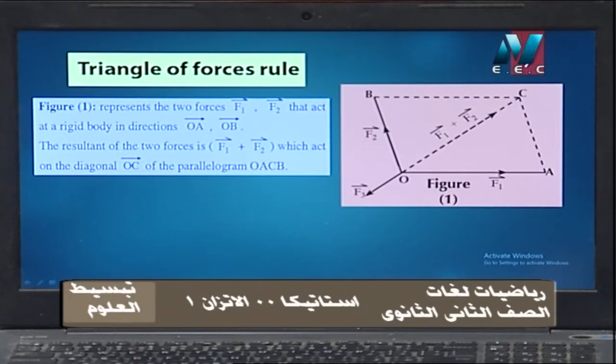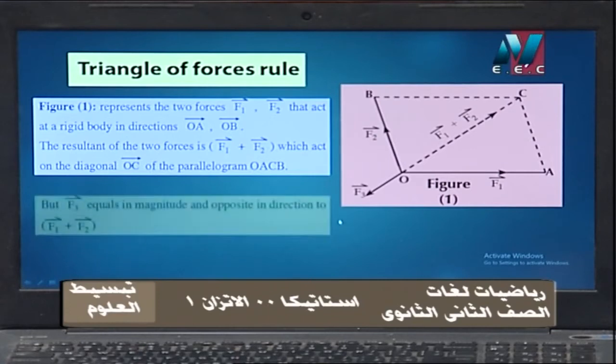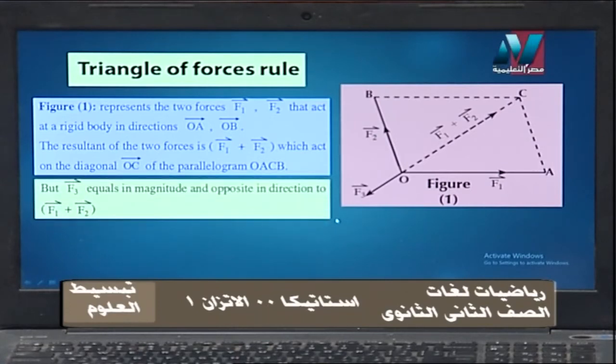The resultant of the 2 forces F1 and F2 acts along the line OC, on the diagram OACB. But F3 equals in magnitude and is opposite in direction to F1 plus F2. We know that we can add F1 and F2 as 2 forces and find their resultant, which is F1 plus F2.